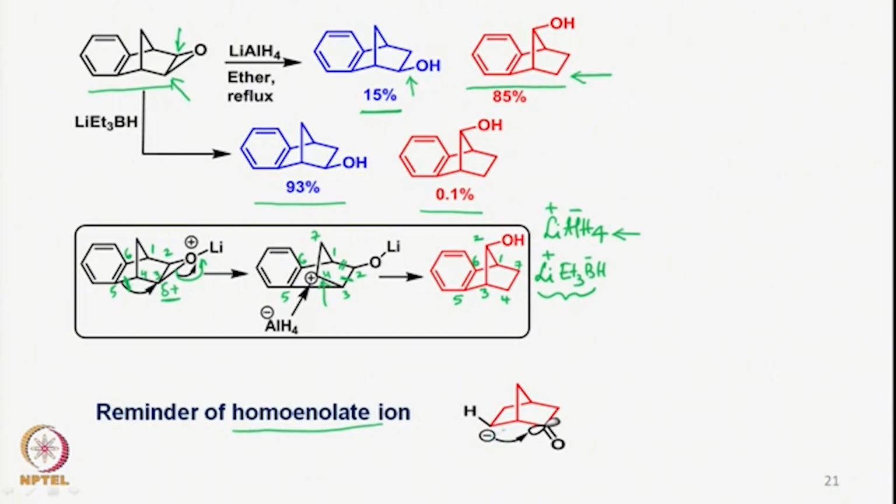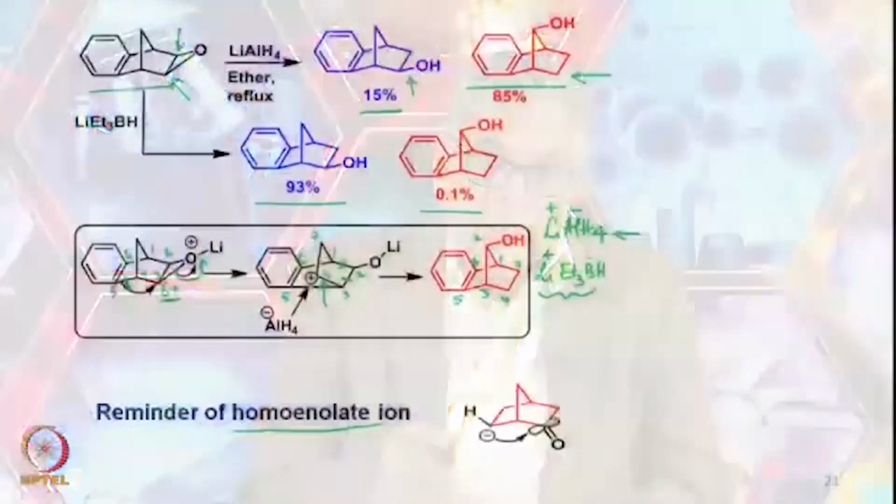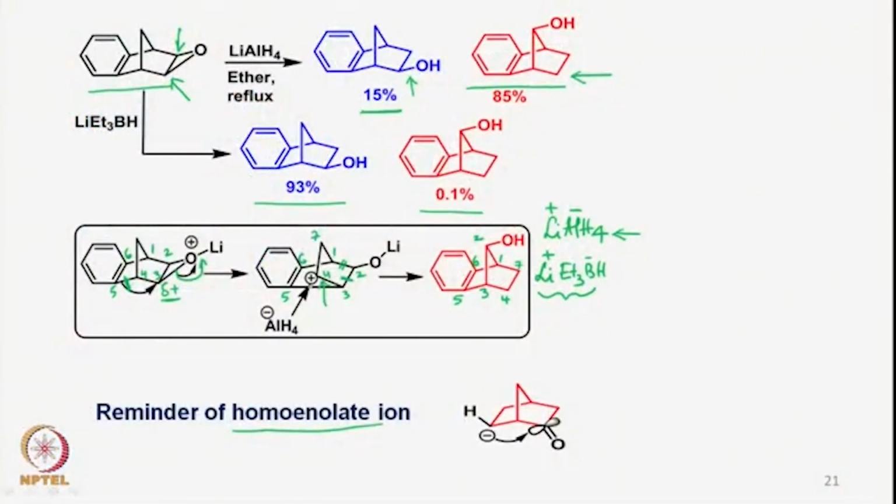So, basically it is nothing but a kind of proper orientation of the orbitals which allow the overlap and then migration in such a way that there is a movement of the bonds leading to the formation of a cation in a slightly different way.